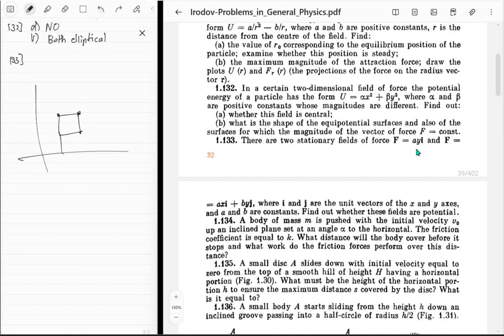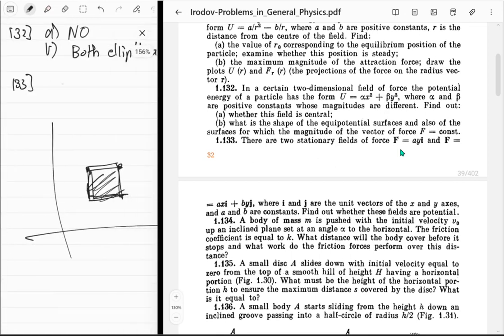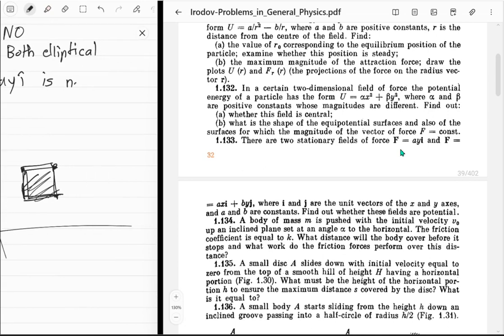So this cycle caused this work to be done when I went throughout this square. And that just means this is actually non-conservative. So we can say a y i hat is non-conservative.